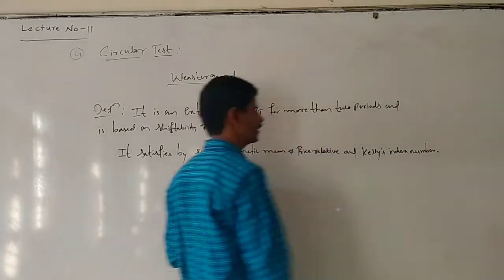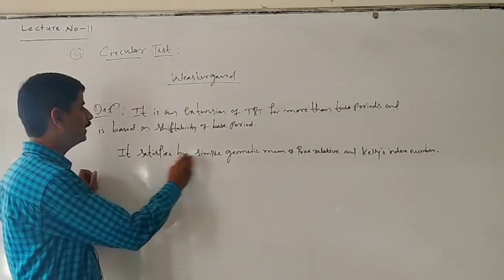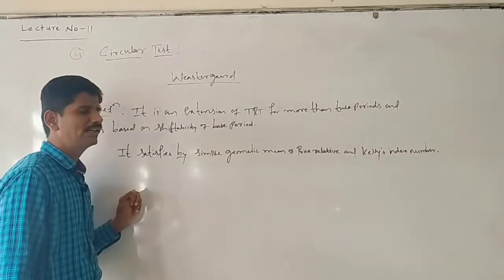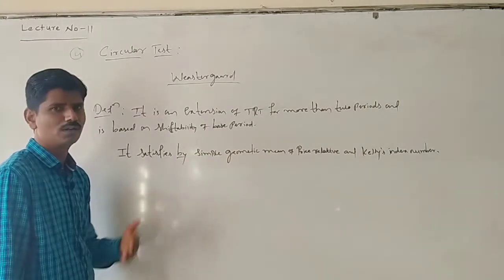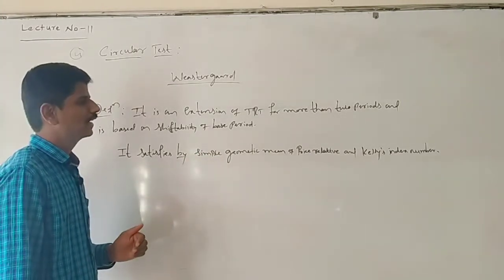The circular test satisfies only the simple geometric mean of price relatives and Kelly's index number. Simple means the unweighted geometric mean index number of price relatives, and Kelly's index number.